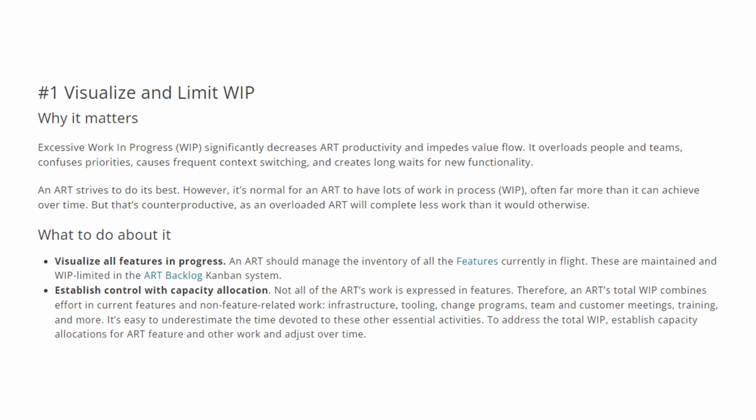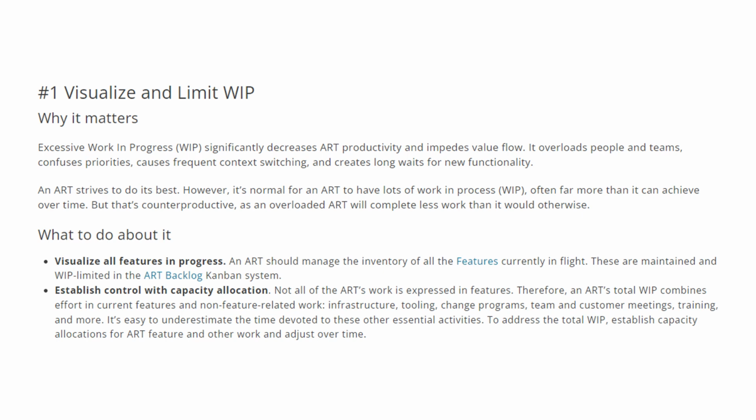An ART strives to do its best. However, it's normal for an ART to have lots of work in progress, often far more than it can achieve over time. But that's counterproductive, as an overloaded ART will complete less work than it would otherwise.